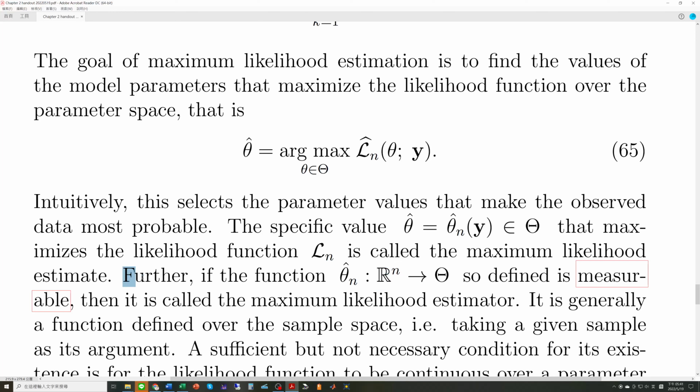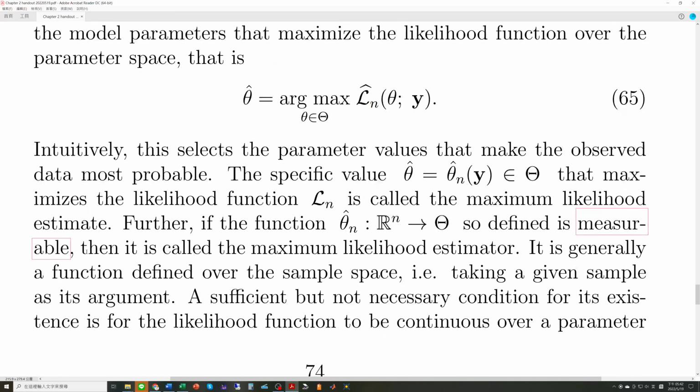Further, if the function theta hat n from Rn to capital theta, so defined, is measurable, we will explain what a measurable function is later. Then it is called the maximum likelihood estimator.